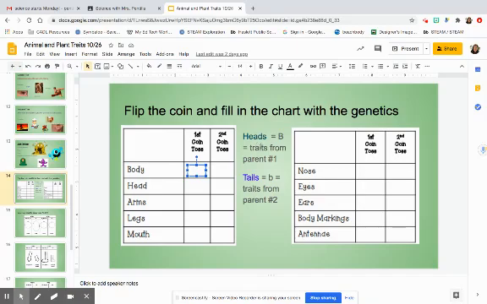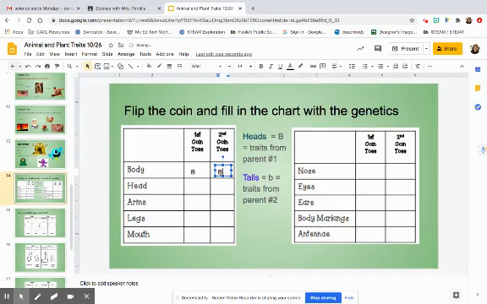I got a heads. So right here, you see heads equals uppercase B, which is trait from parent 1. So I got an uppercase B. And then my second coin toss. Each one gets a second coin toss. I had tails. So now I have tails, lowercase b, equals trait from parent 2.